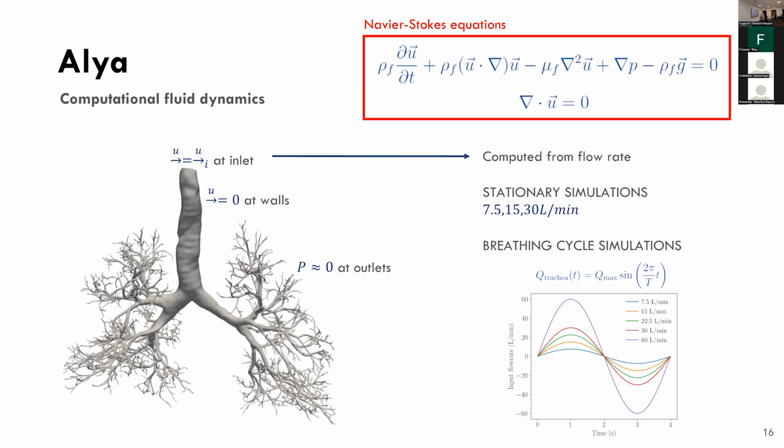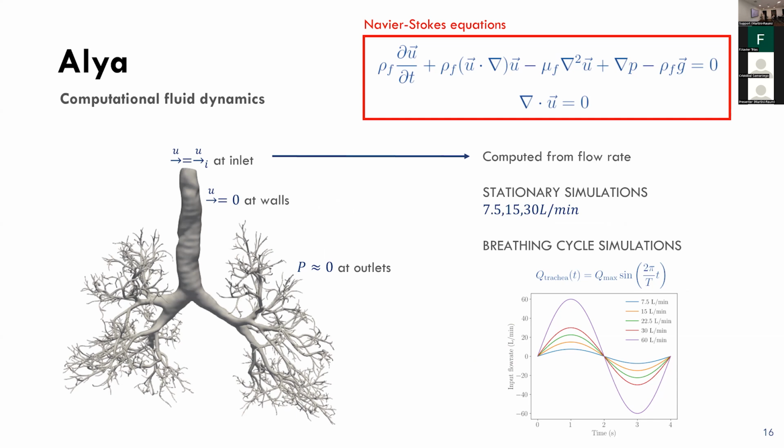It's a simplification because it's not a real issue. We consider velocity 0 in the walls, we impose a flow rate in the inlet, and we consider a free boundary condition for the outlets, which is another question that we would like to improve. But in order to validate with the bibliography, it's the typical boundary condition that is used.